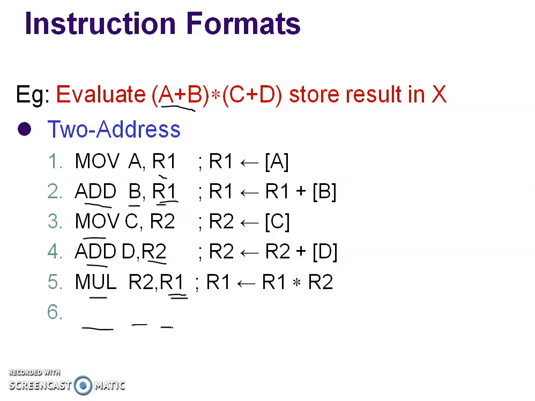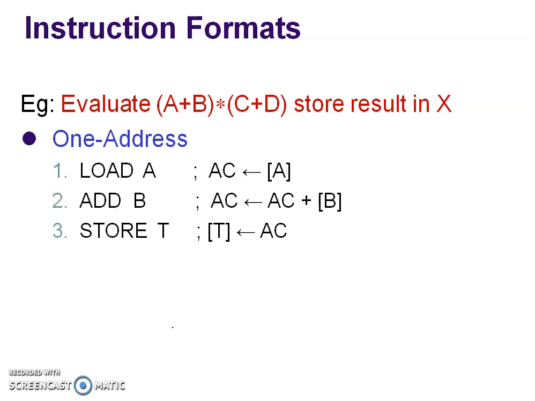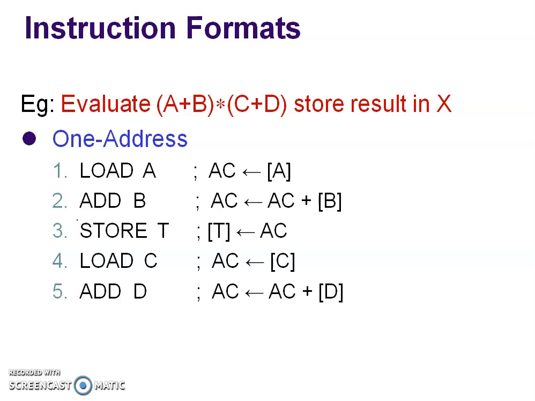In the previous example, two memory addresses and one register value were specified. Then comes the one address instruction. In this case, again it will be making use of the accumulator implicitly.